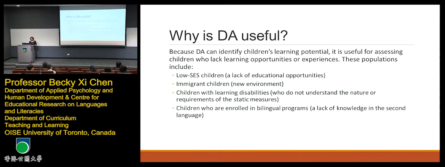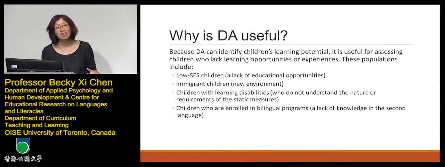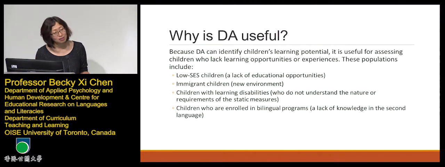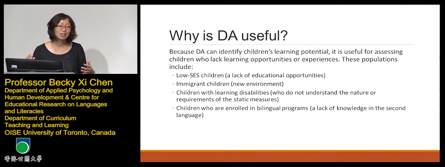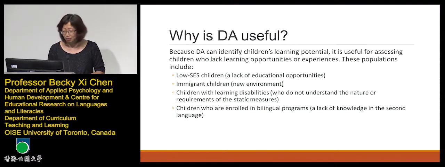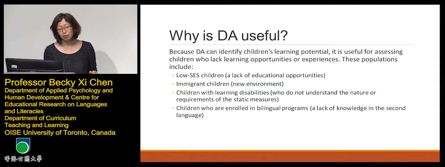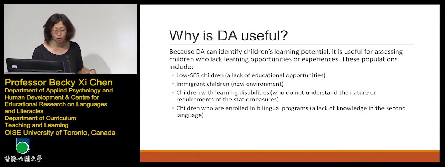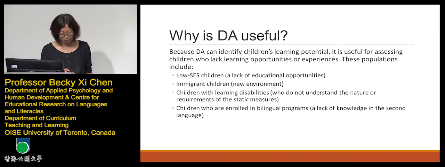Another reason is dynamic assessment can identify learning processes. So it allows the teacher or the tester to observe how children learn and then use that information to inform their teaching. And dynamic assessment is particularly useful for disadvantaged populations. So I'll just go through all of these populations and explain why that's the case.